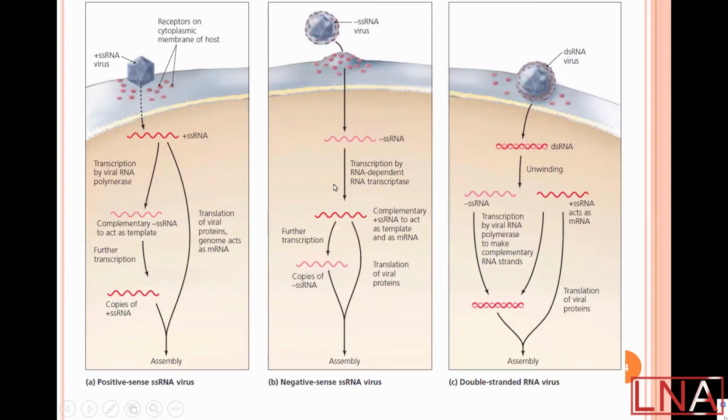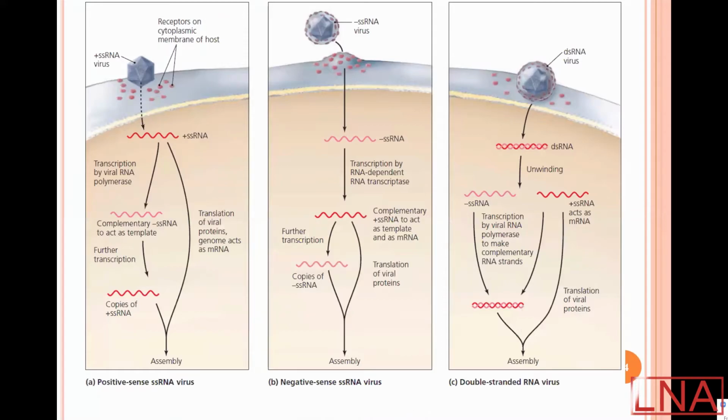Next scenario, a negative sense single-strand RNA virus, so minus ssRNA. Why do we call it minus? Because it can't directly be used for translation. Usually, it needs transcription by an RNA-dependent RNA polymerase enzyme to make a complementary positive RNA, which will act as a template and as an mRNA.